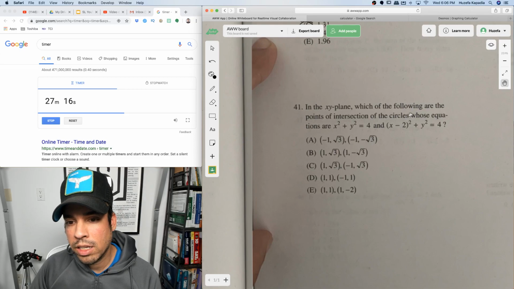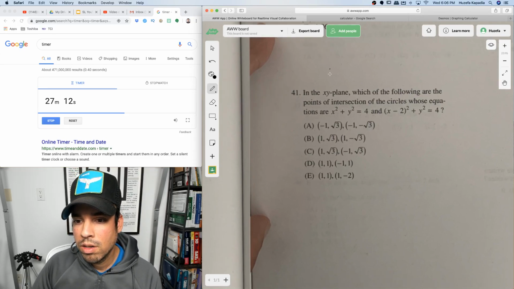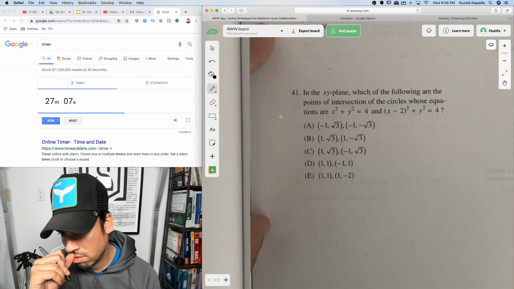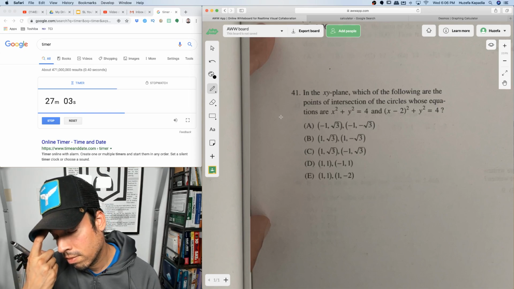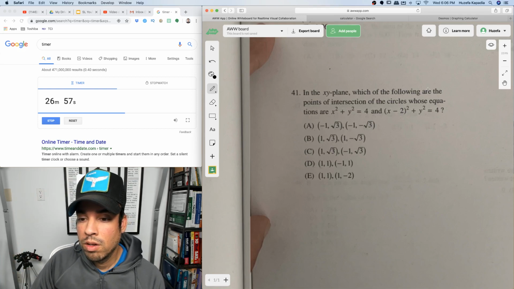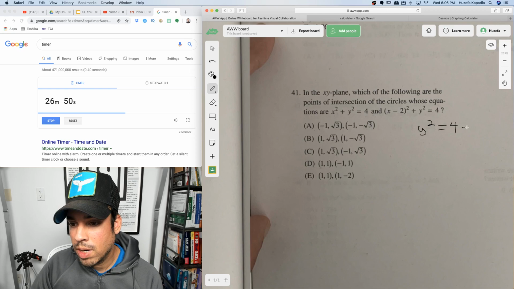Okay, in the xy plane, which of the following are the points of intersection of the circles whose equations are given? I'm going to isolate y squared. I'll say y squared equals 4 minus (x minus 2) squared. Substitute this in for that one.